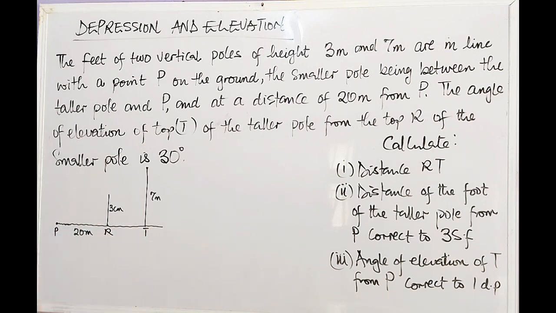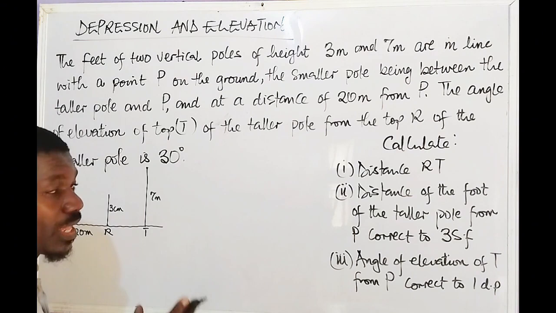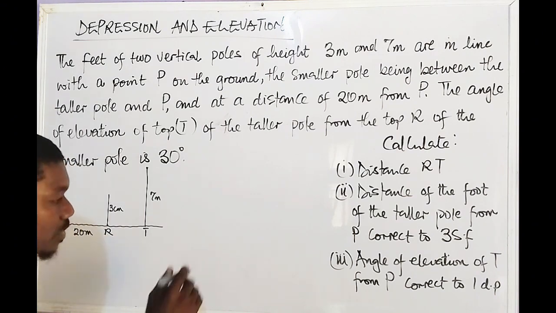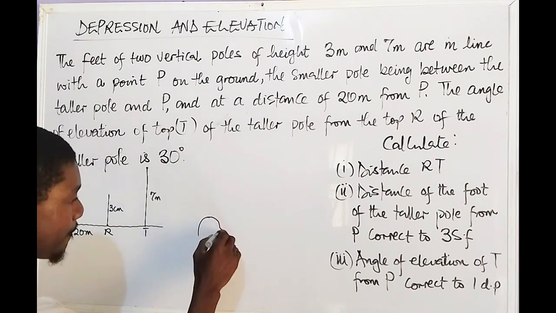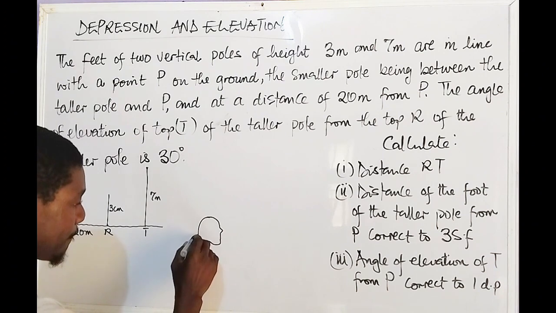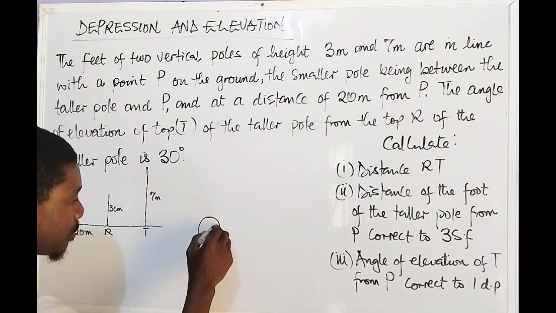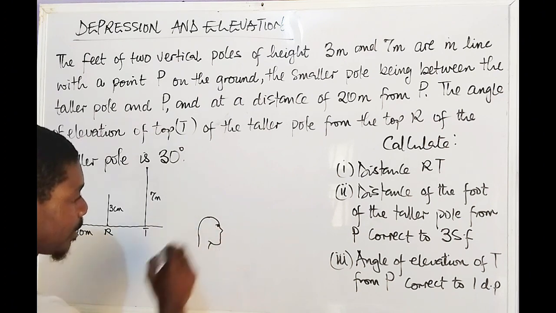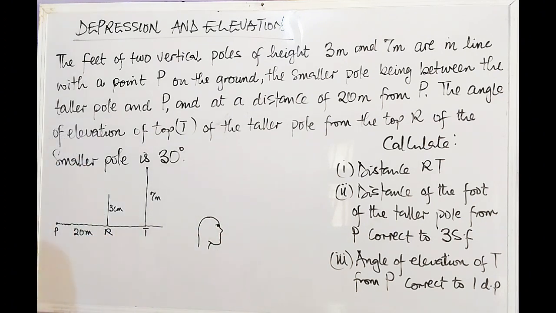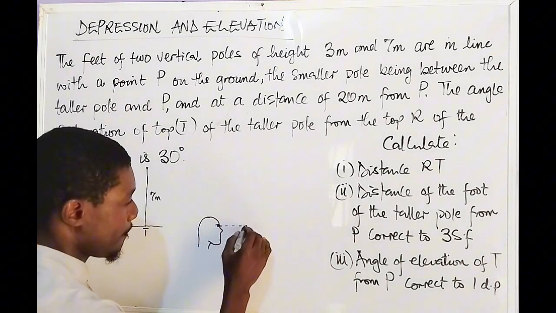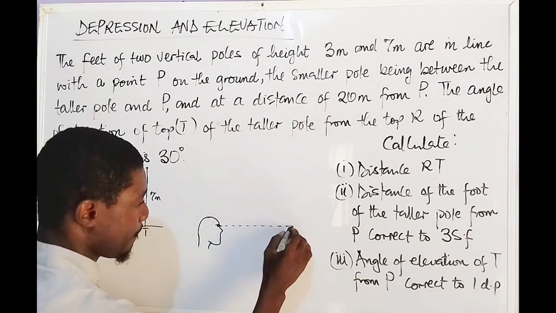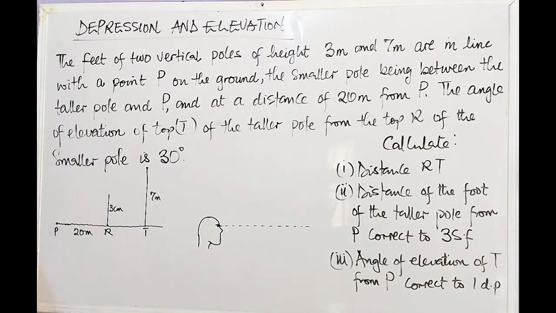Now, how do you measure the angle of elevation? Let's assume that this is someone's head, and this is the eye. Ideally your eye is meant to look straight this way, horizontally.